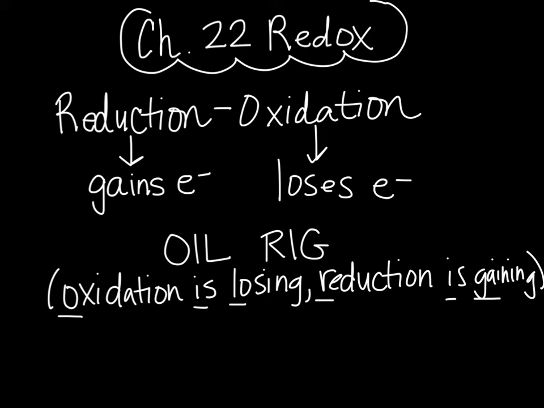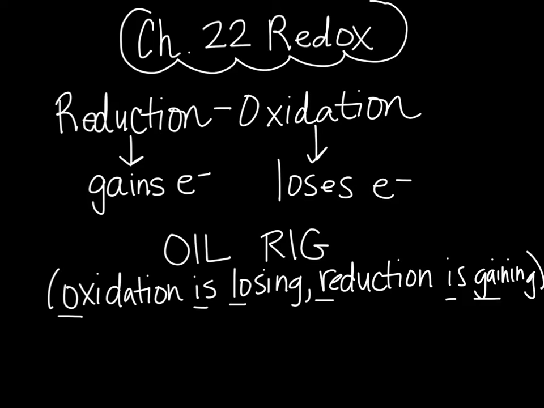Now, you have to have both. You have to have one that is gaining and one that is losing. If you only have one without the other, then it is not a redox reaction. So once again, in order to be a redox reaction, it has to have both: an element that is gaining electrons and another one that is losing electrons.